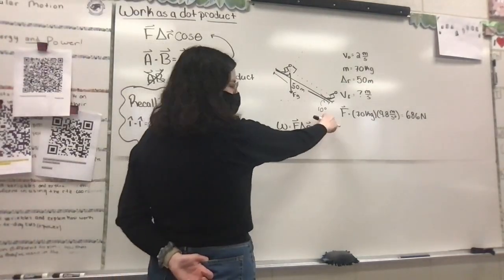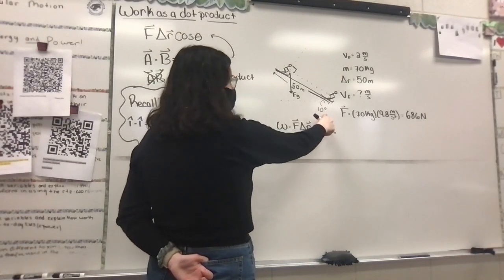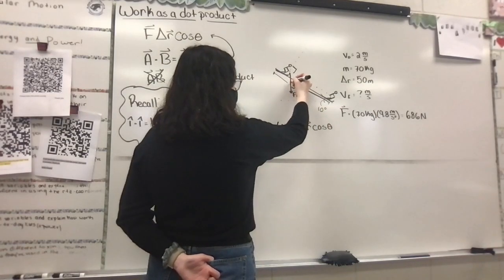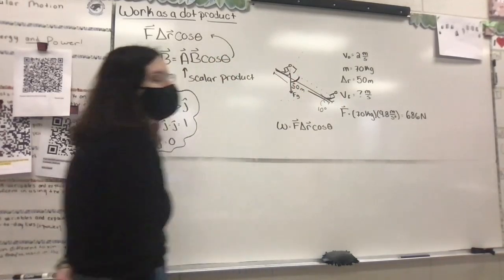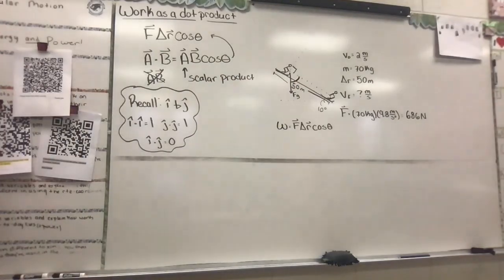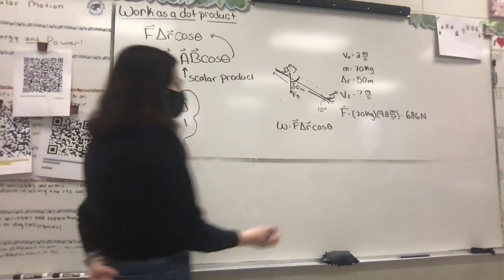Is this the angle that we need? No. What angle do we need? We need the angle of the gravity force to the direction of motion. Yeah, we need this angle right here. So that's 80 degrees. So we're going to want to use a theta of 80. Does that make sense to everybody? Yeah? Okay.